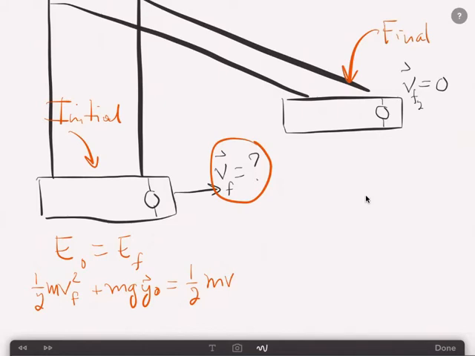And so let me make sure that we understand this position right here is our initial height. Okay? And then we're going to have our second final velocity squared plus mg y final. So our y final will be at this location.